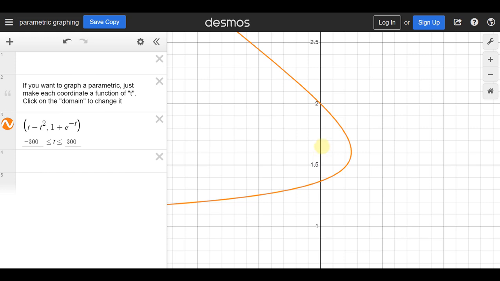This clearly starts at x equals 0, but you're probably going to have to do a lot of work to figure out where this peak point is, because I don't know what the graph of this is as a Cartesian equation. It's a hard Cartesian equation to figure out, so it's hard to find this exact point right here.